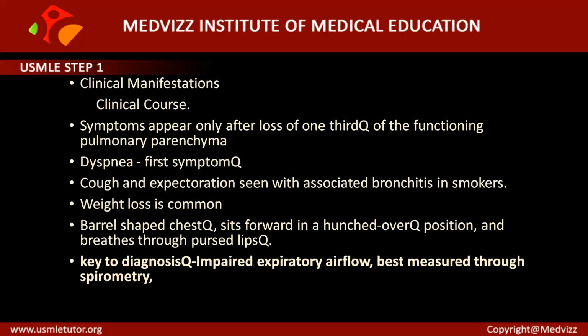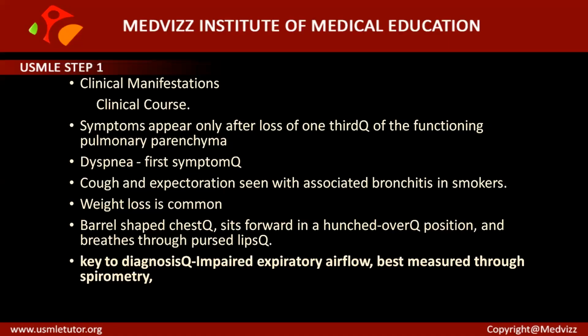It may not be a classical typical picture of emphysema because it may be a progressive symptom from chronic bronchitis towards emphysema. Weight loss is common in emphysema, which is not common in chronic bronchitis. And there is a barrel-shaped chest.